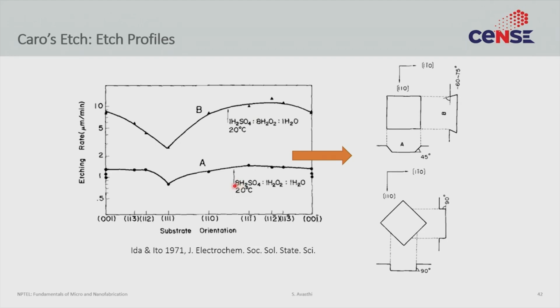You see the anisotropy, right? The anisotropy is from the fact that the etching rate in the 111B, which is this number, is different from 111A, which is this number. And you can also see that the etching rate for 111B is different from the etching rate of 110B, right? So this number is different from this number is different from this number.